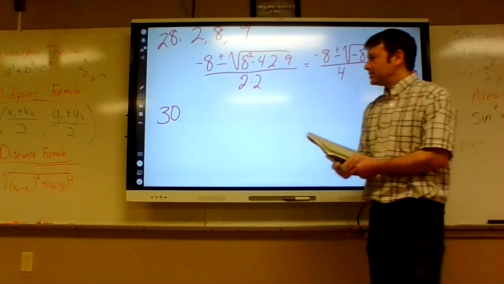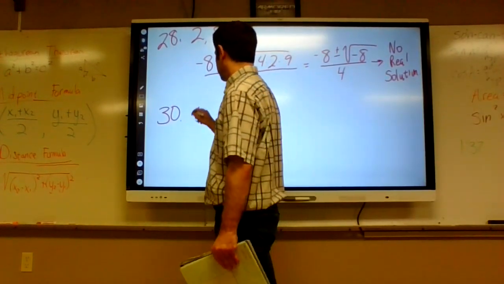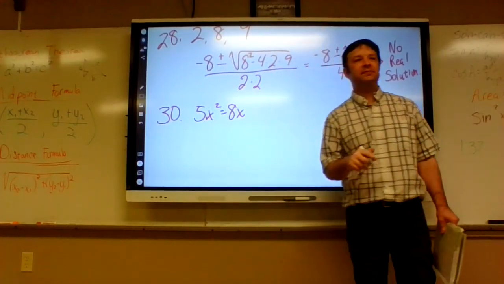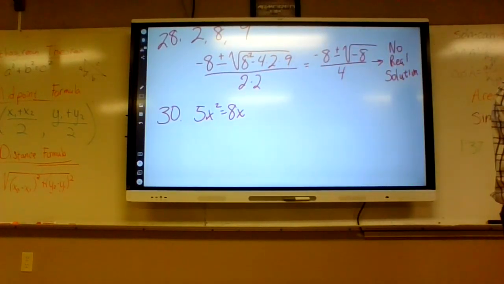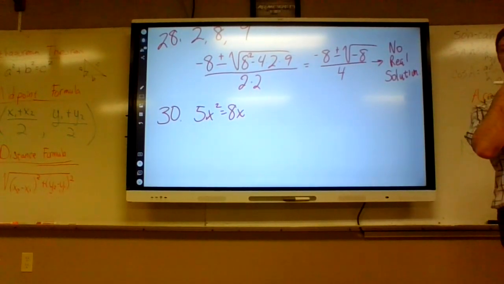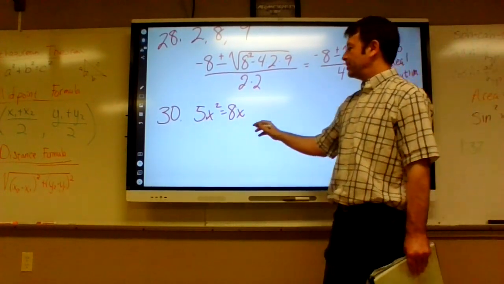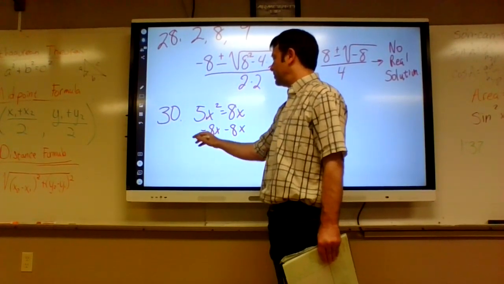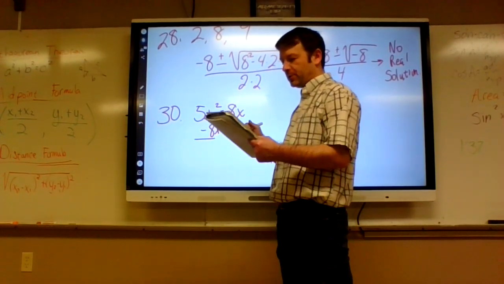How about 30? 5x squared equals 8x. I wish I could maybe convert it. Any ideas? Or take stuff out. So normally when we solve these, we get everything to one side, unless it's like number 26.